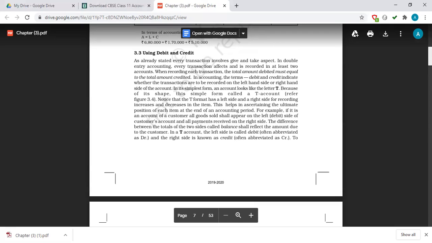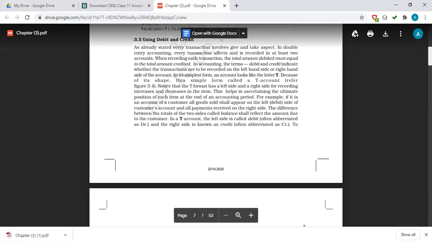The difference between the total of the two sides, called the balance, shall reflect the amount due to or from the customer's account. The left side is called debit, the right hand side is called credit. You can see the format if it is given.